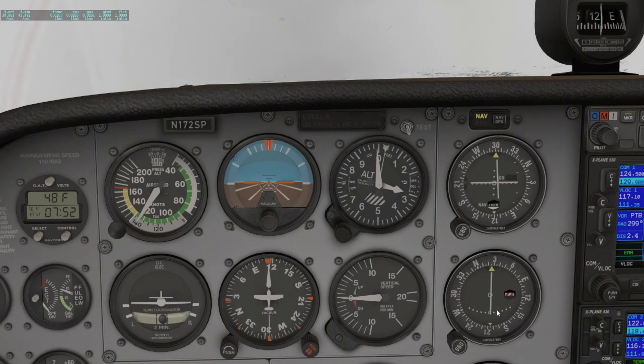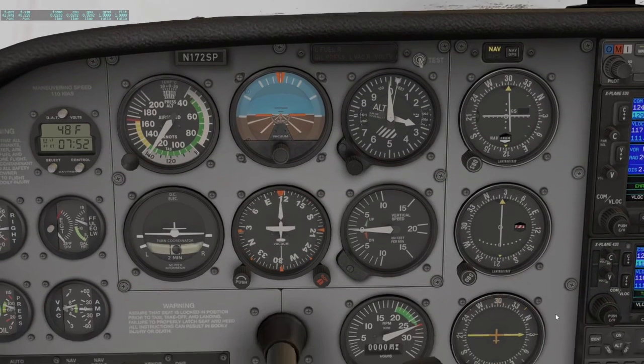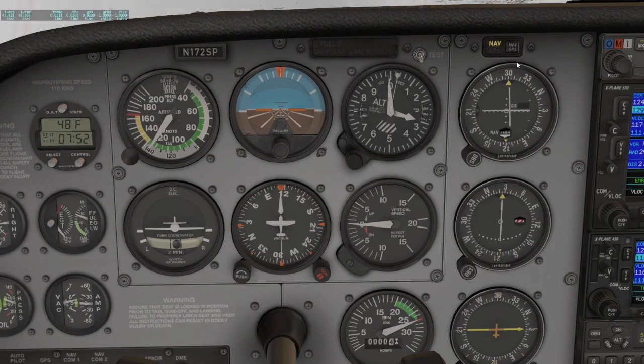Okay, what is 300 inbound? 300 inbound is a 300 from, but going the opposite direction, it's actually 120, the reciprocal of this radial. Here's 120. And that is the 300 inbound.